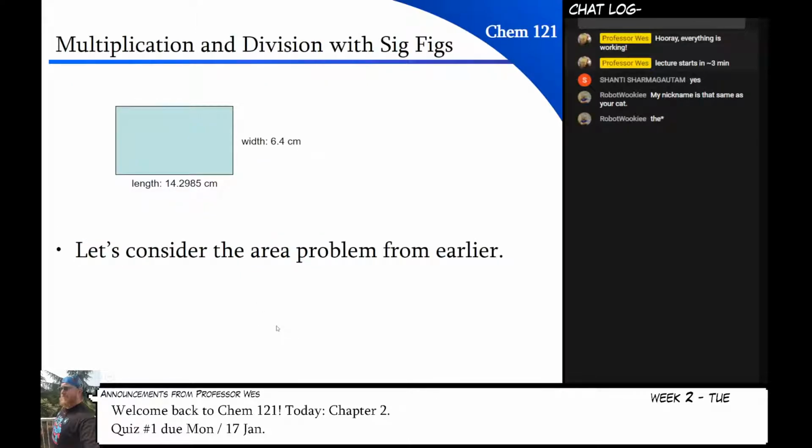Oh, one thing I do want to mention before we actually start with the lecture. Two things, actually. First, I assigned quiz number 1, so that is now available on Canvas. You can find that in the quizzes tab or the assignments tab. They go to the same place. Make sure that you do that by the deadline shown on the screen. That is Monday, the 17th of January. Do note that quizzes have a 24-hour closing time after the deadline.